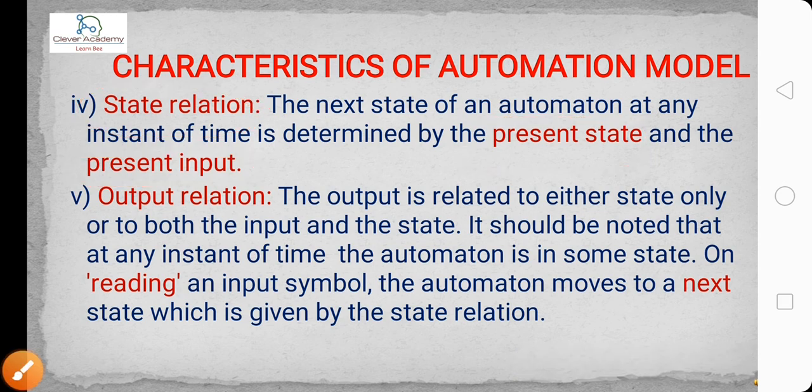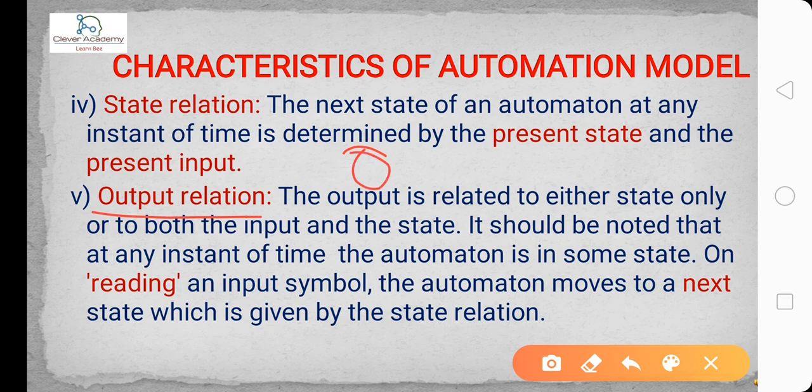Coming to the final characteristic, output relation. Whenever we are performing these operations, we decide that whatever input you give, there may be two categories, as we discussed in the previous one. The finite automata may accept or reject, or it may produce some output.